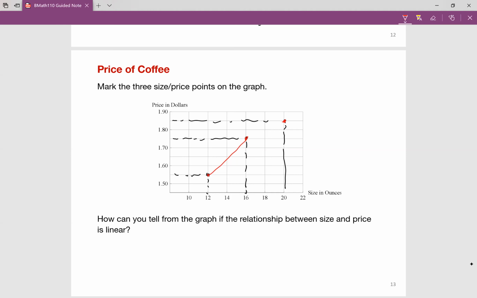Yes, and you can see clearly that there is not a line, right? Since it's not a line, that means it's not a linear equation, not linear. So the question is, how can you tell from the graph if the relationship between size and price is linear?